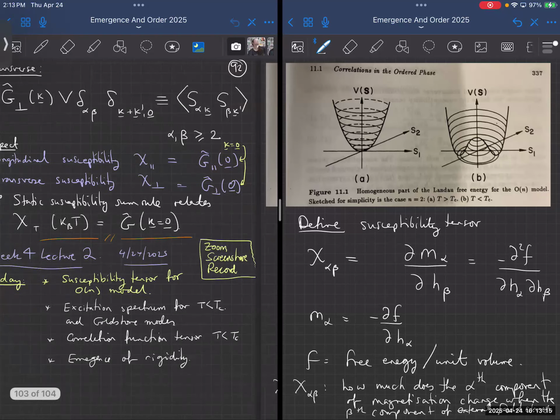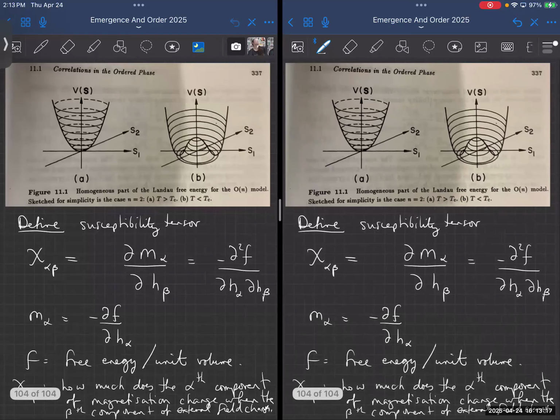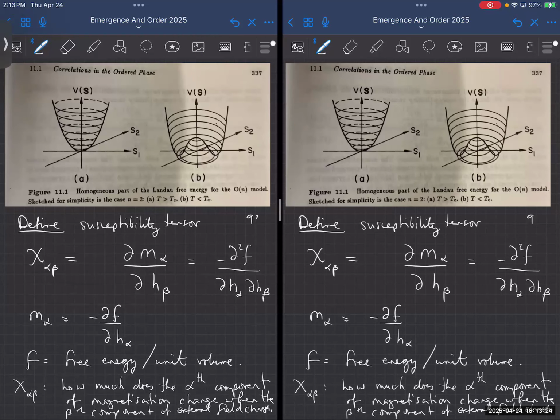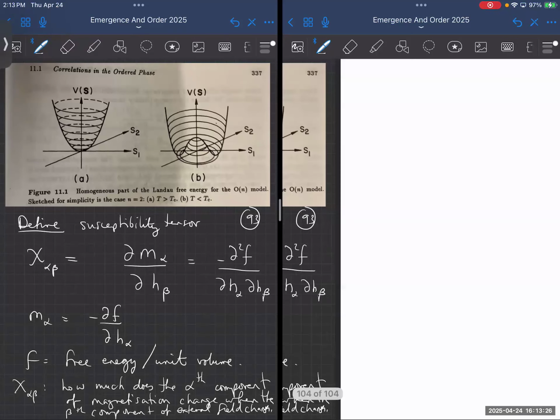That's what this quantity represents. And this is page 93. And so this is page 94.